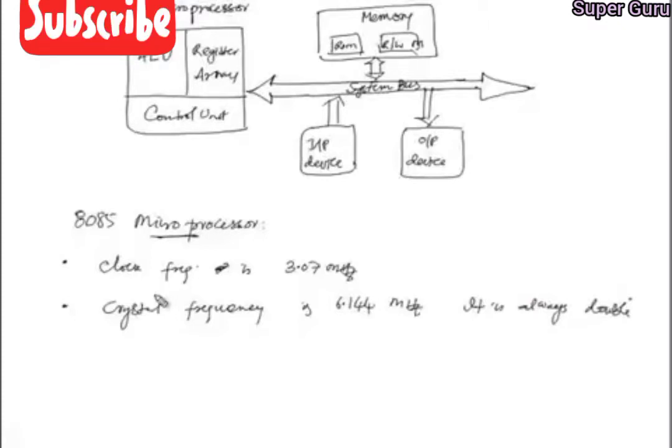The 8085 microprocessor has around 74 basic instructions with around 246 opcodes. So this is an important thing. It supports 5 hardware interrupts and 8 software interrupts.